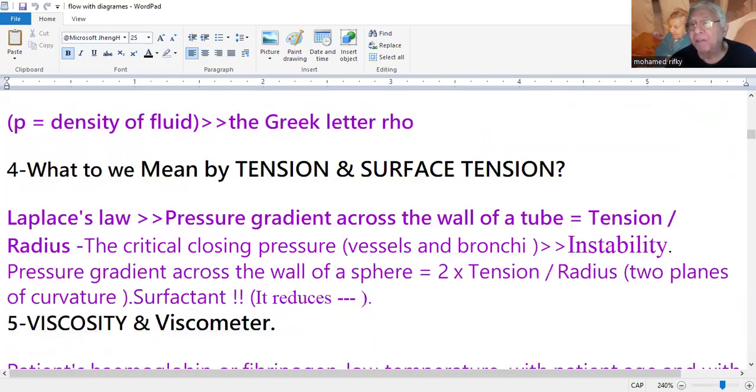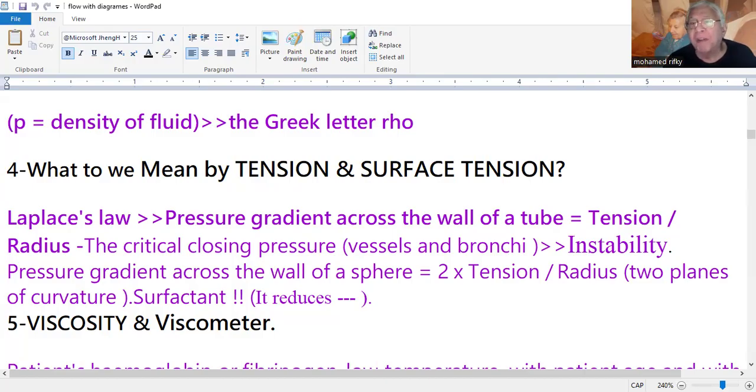What's the meaning of tension and surface tension? As we said before, surface tension is the forces on the surface of a liquid where it creates tension all over the surface. You see, the lining of the alveoli and the small airways also induces surface tension. Whenever I mention tension, I mean the correlation with pressure.